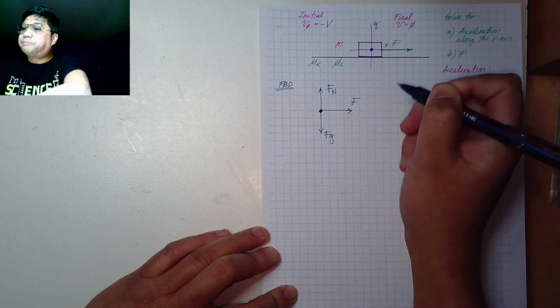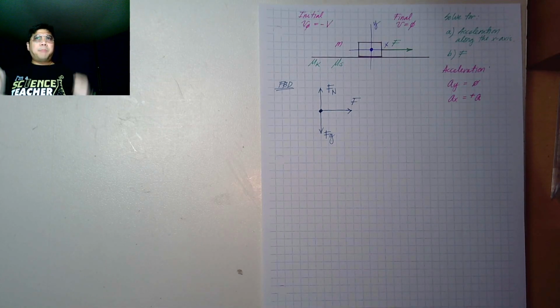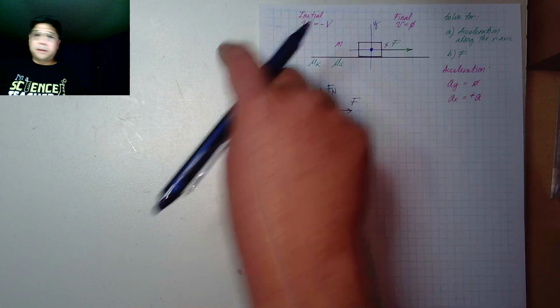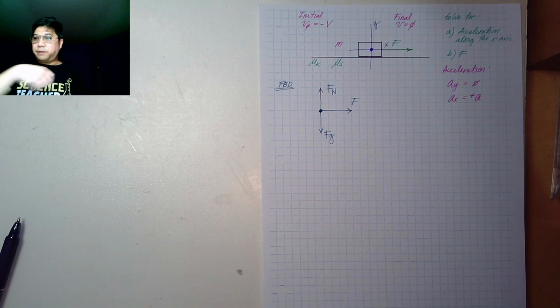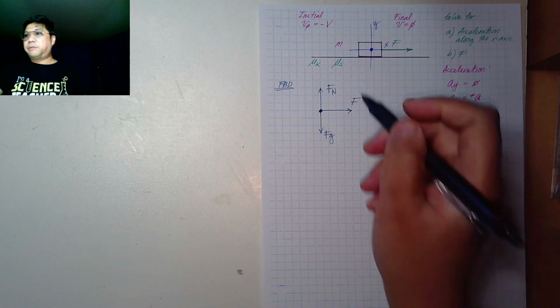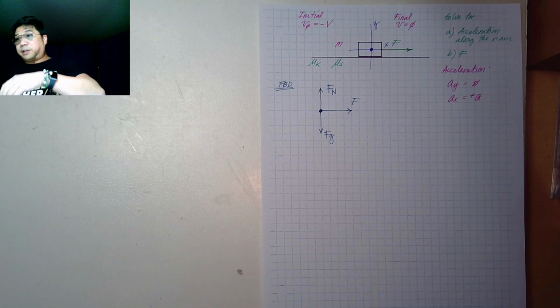Not force of gravity, but the applied force. And maybe there is another force, which is dependent on our mu. Mu means the coefficient of friction. Since it's moving, therefore it is the kinetic friction.